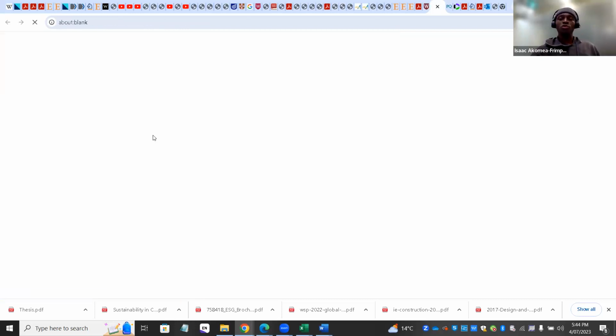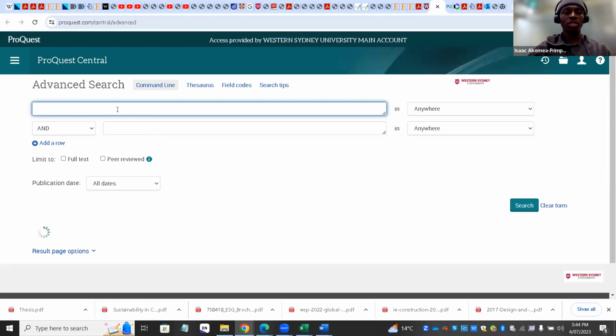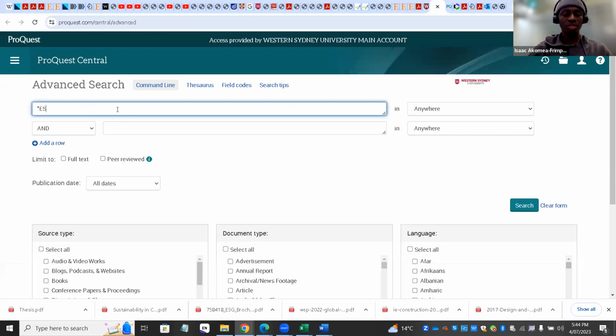So I also use ProQuest, because ProQuest is one of the key search engines that we are using for this. So ESG disclosure, or ESG reporting. In other words, the same thing that you put in the other search engine, you have to put the same keyword.